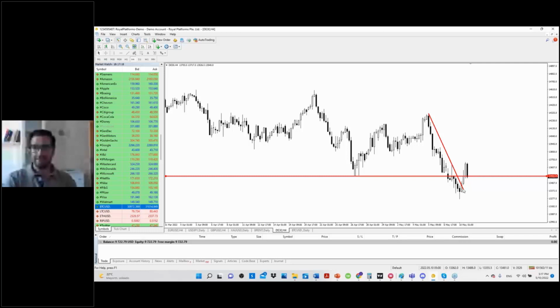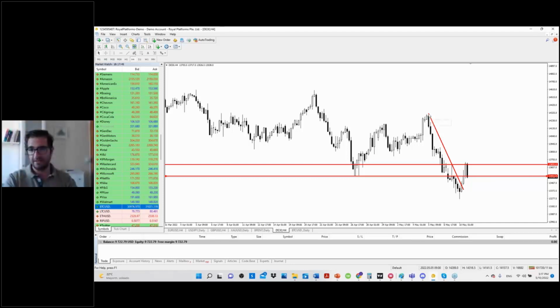So this might be the beginning of a move to the upside or a reversal, but for now we should wait a little bit until this previous high is broken. If I need to buy gold, I will wait to see this swing high broken, and then most probably the market will move in the opposite direction of the current main direction.